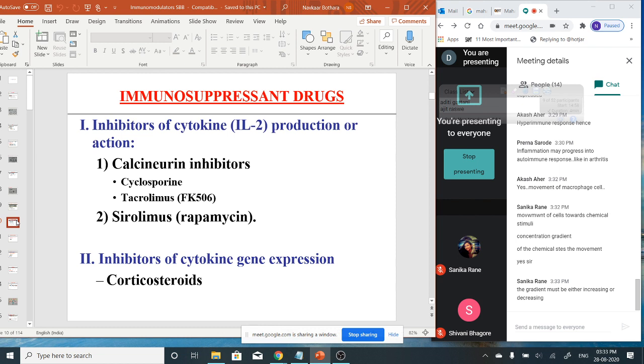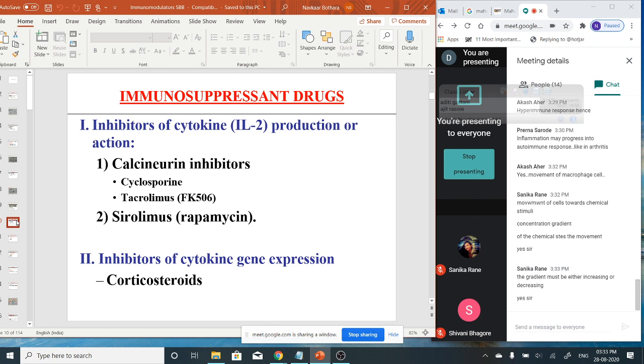Now you are confusing me. The gradient must be either increasing or decreasing, so what does it mean? Gradient is gradient.